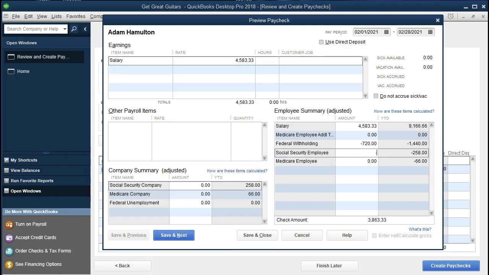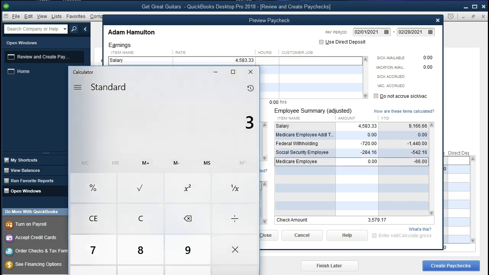I'm going to put the negative 284.16. And then on the Medicare, if we were to calculate that out, that one should be fairly easy to calculate too, because it is a straight method. Typically, it's going to be 4583.33, that's our gross pay, times 1.45% or 0.0145.